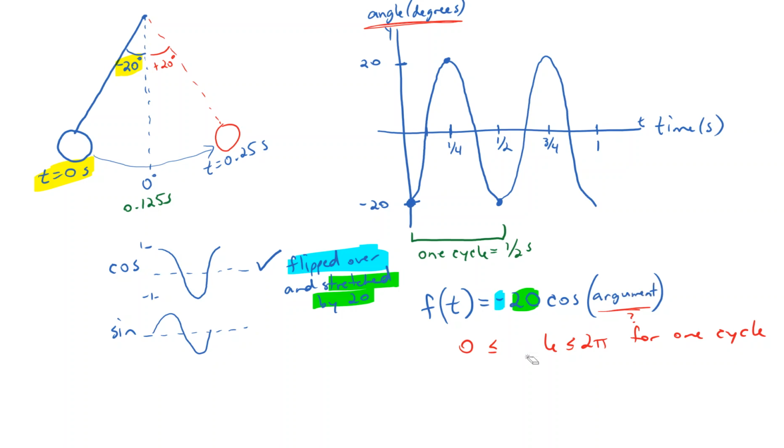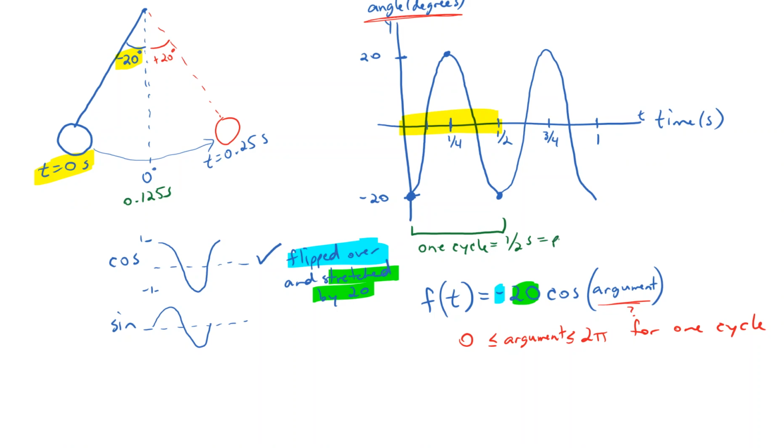So we know that in a cosine function, the argument is between 0 and 2 pi for one cycle, okay? And in this particular graph, one cycle is represented over a period of half a second, right? One cycle is half a second.